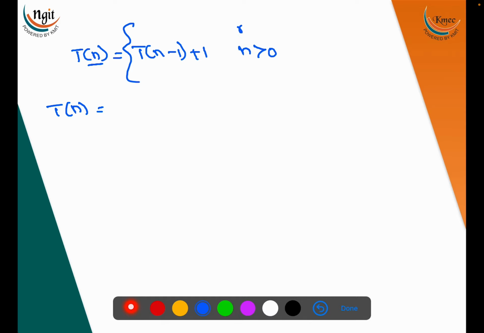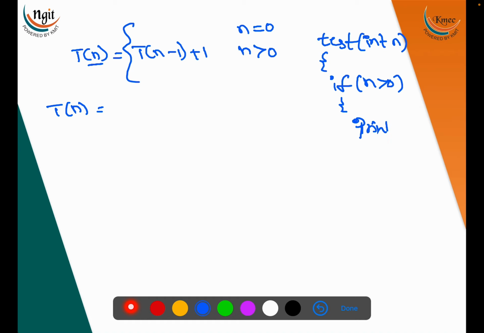If n equals 0, in the algorithm we wrote it very clearly, the test function is having one value. Now if n is greater than 0, then only we'll print the n value, correct? So that only in the algorithm in the previous slide, and continuing from that, we'll call this recursive function.